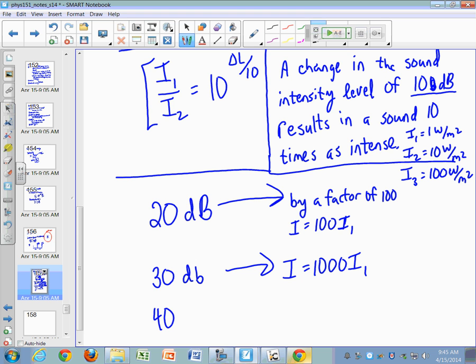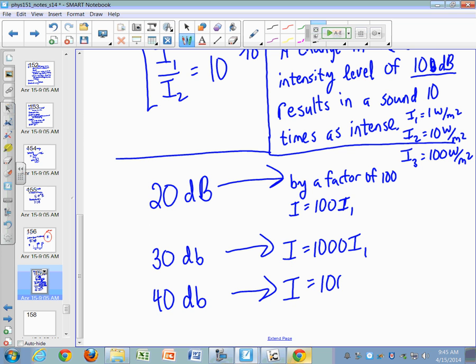If I had 40 decibels, I would equal what? Getting the pattern here? It's going to be 10,000. 50 decibels would be 100,000. 60 decibels increase 1,000,000, and on and on.